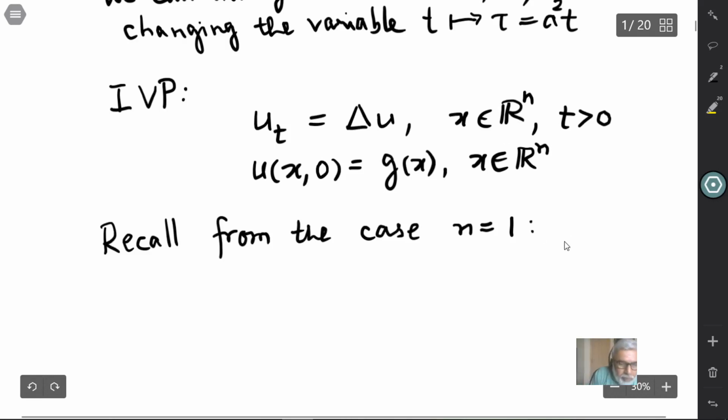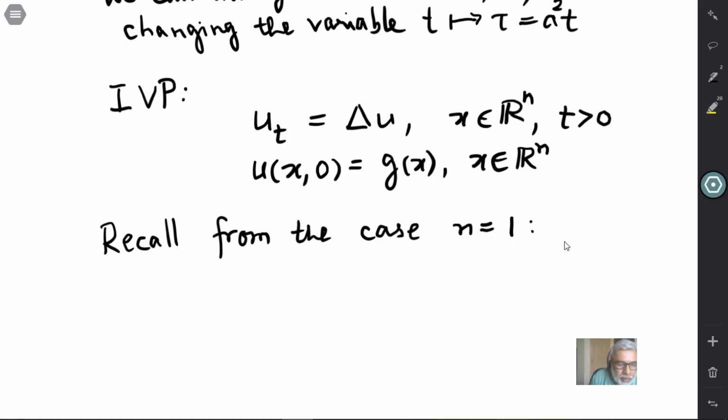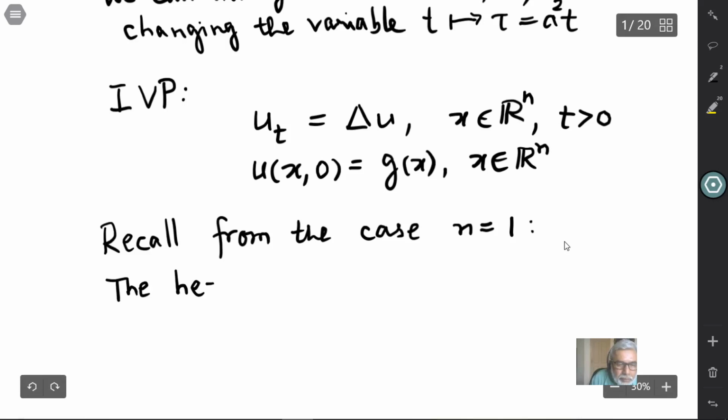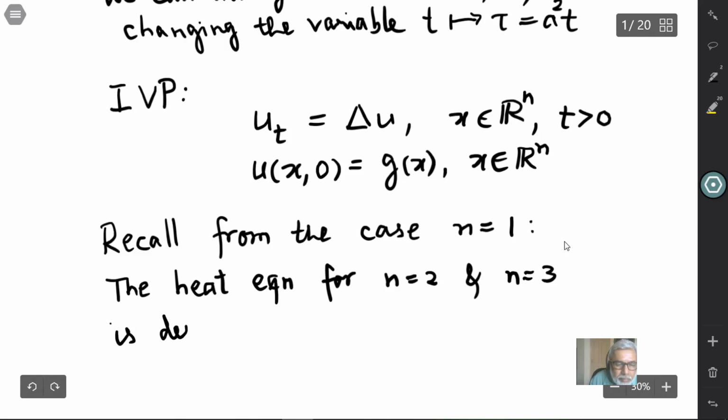Okay, first of all, the physical situations, the heat equation for the physical dimensions, namely n equal to 2 and n equal to 3, is derived using the Fourier law of heat conduction.